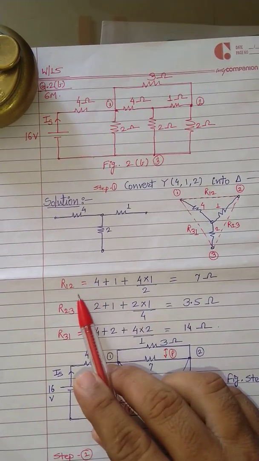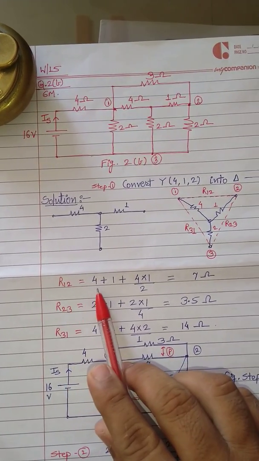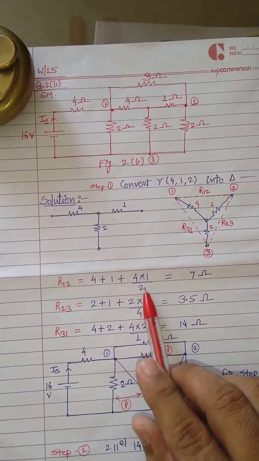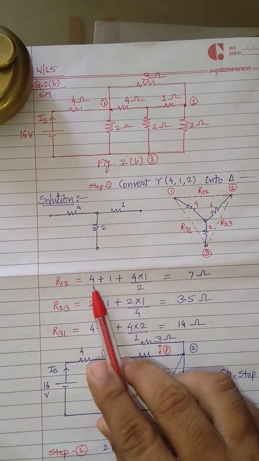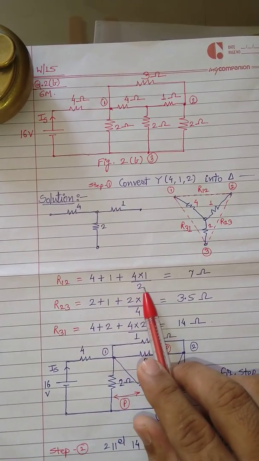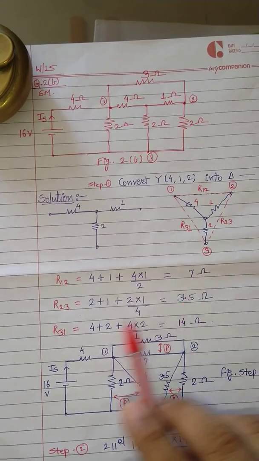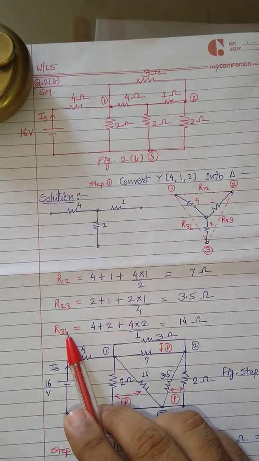That can be found out by using the equation R12 is equal to R1 plus R2 plus R1 R2 upon R3. It means 4 plus 1 plus 4 into 1 upon 2. It gives you 7. Similarly you can find out R23 and R31.